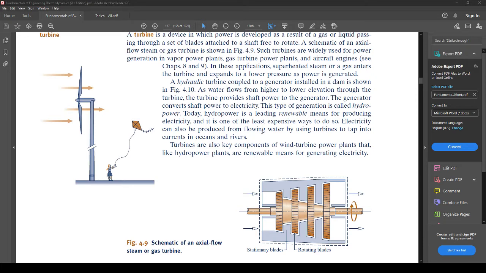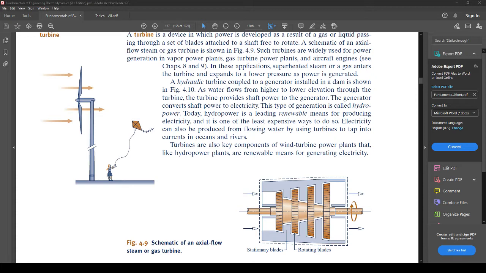So it says, today hydropower is the leading renewable means of producing electricity and is one of the least expensive ways to do so. Electricity can also be produced from flowing water by using turbines to tap into currents in oceans and rivers. This one is something they do in a couple of nations, like in the north. They have turbines that sit in the water, and as waves come in, they spin the blades and send the power elsewhere.